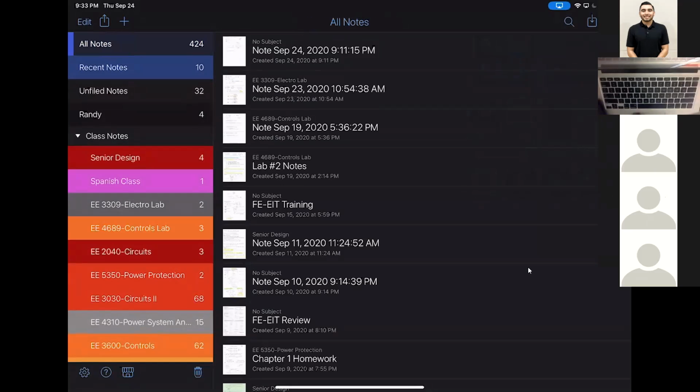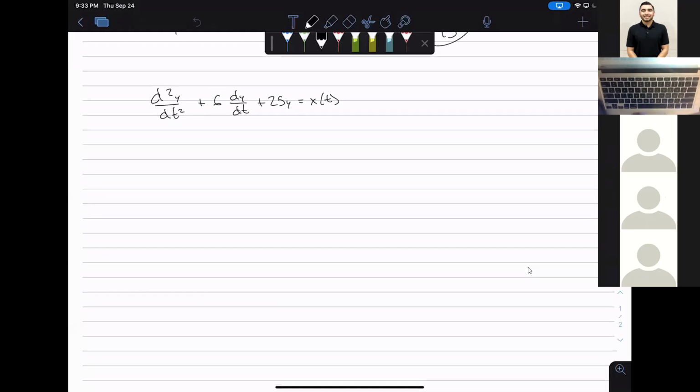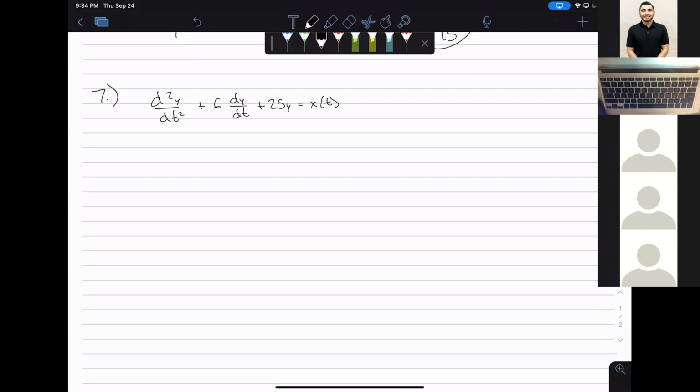Let's see what we got here. Okay, so this is 7 here, and the question is asking, what is it asking? This is a second order system. Is it nonlinear, overdamped, critical? What's the question?